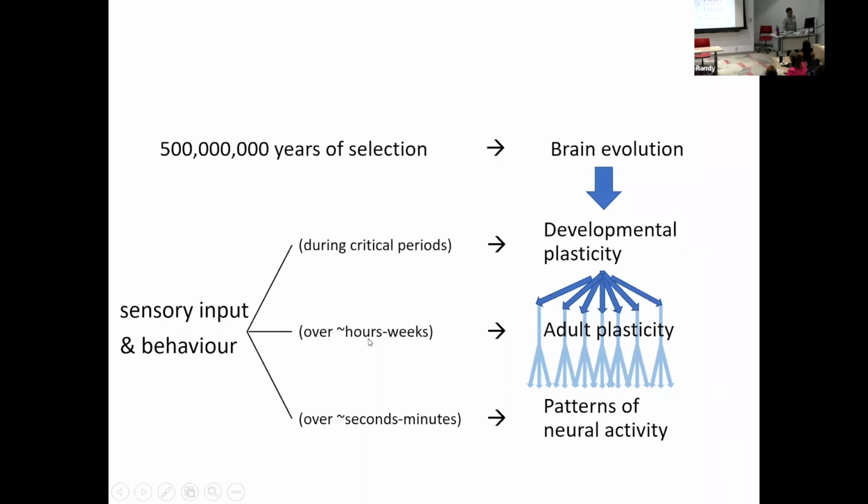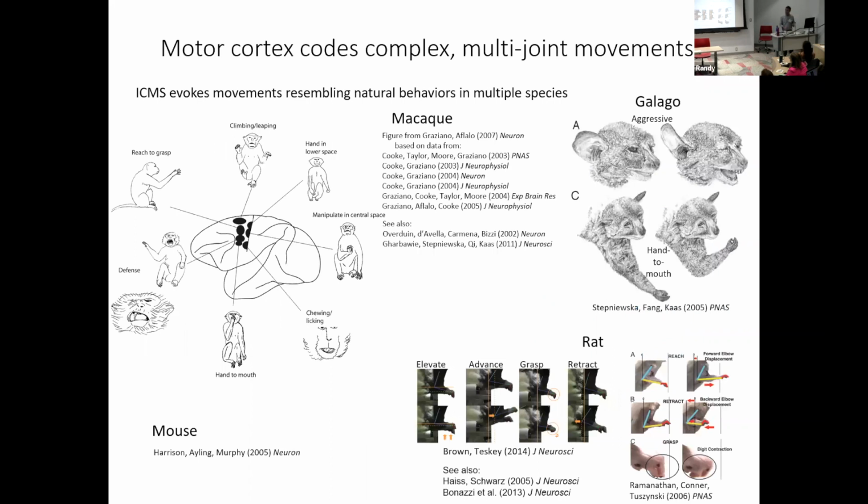But the question is, how might this map variability affect neural activity and behavior? So this is a question that my lab is beginning to approach. But before I get to that, I'm just going to back up a little bit and talk about some previous work I did in which I showed that if you electrically stimulate the brains of monkeys with certain parameters, you can evoke a range of movements that look a lot like natural behaviors.